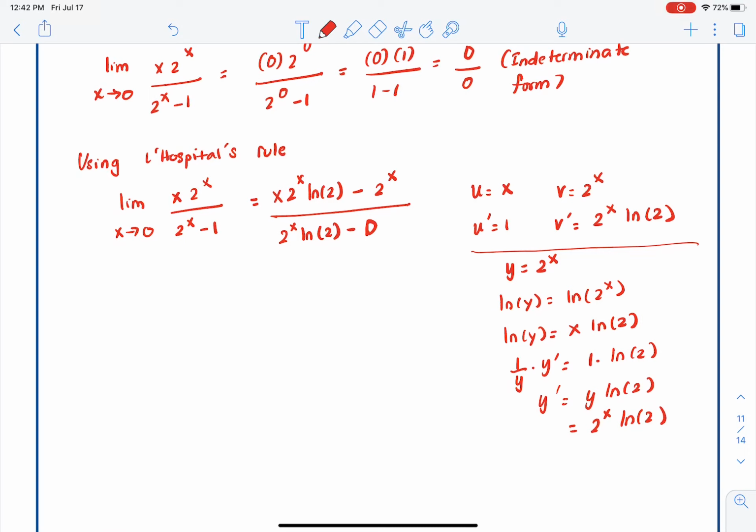So in the numerator, we simply did u v prime plus v u prime, so that is 1. So we have x 2 raised x ln of 2 plus 2 raised x, divided by 2 raised x ln of 2.